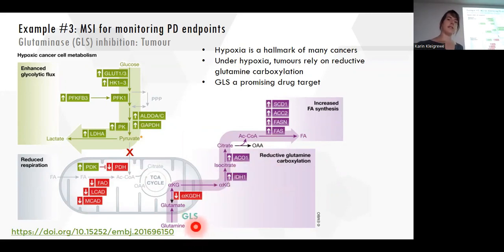The very first step of that is the transport of glutamine from the extracellular space to the intracellular space and conversion to glutamate. This is catalyzed by GLS, so glutaminase, which makes it a very promising drug target. If you can kill off their metabolism right at the first step, that's a great thing.